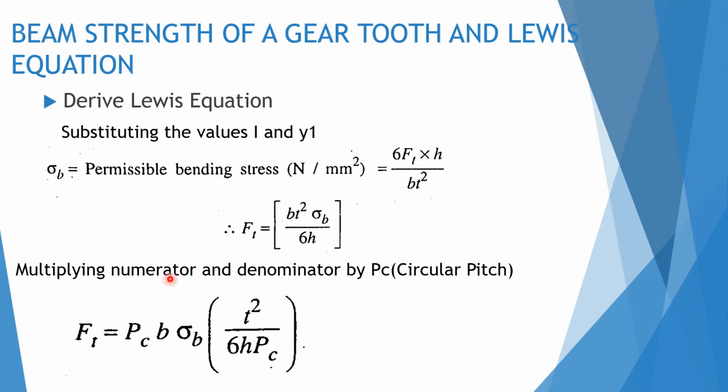So multiplying the numerator and denominator by pc, that is circular pitch, we will get pc into b into sigma b multiplied by t square by 6h pc. So this term is in bracket.